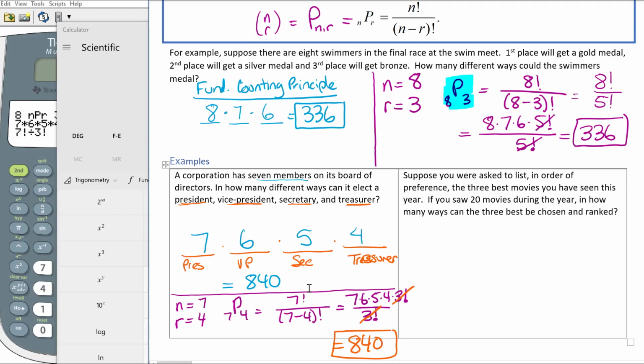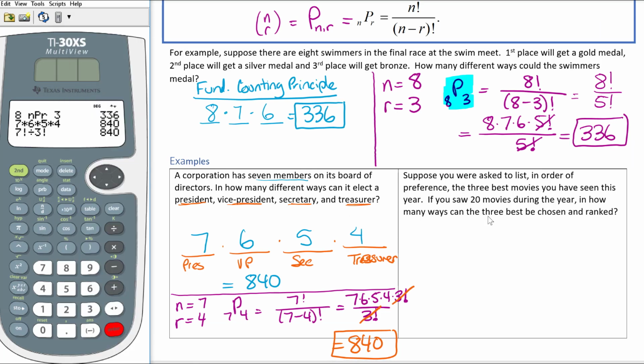Going on to our last example, suppose you're asked to list in order of preference the 3 best movies you've seen this year. If you saw 20 movies during the year, in how many different ways could you choose the best 3? If you're doing the fundamental counting principle, you have your first best, the second best, and then the third best.